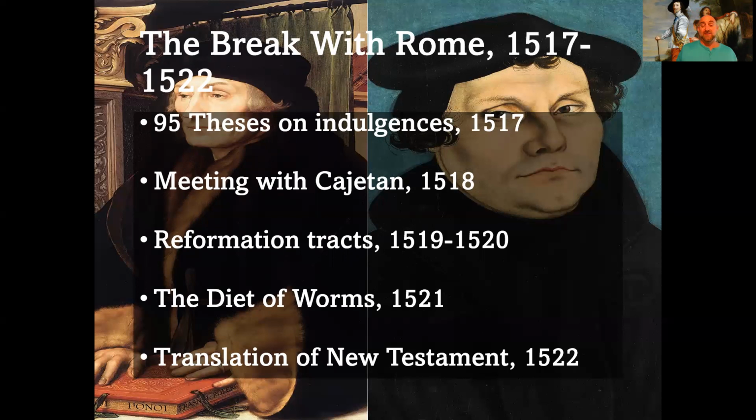We're not really sure if he actually did this with the intention of having an actual debate, because sometimes in medieval universities, you would announce a debate like this and announce the topic beforehand. What seems to have happened is he drew this up to send to his bishop, the Archbishop of Mainz, to notify him about what he thought were these abuses.